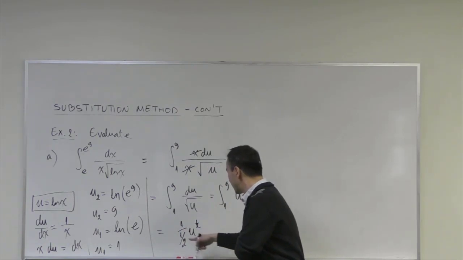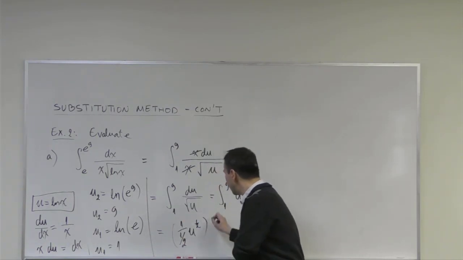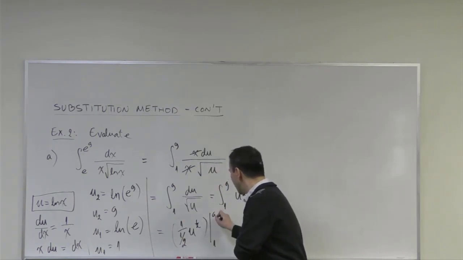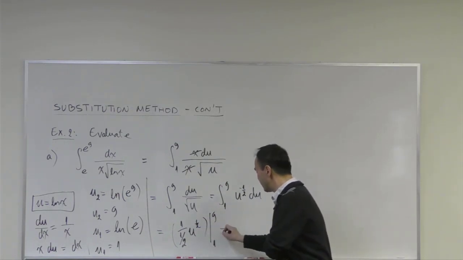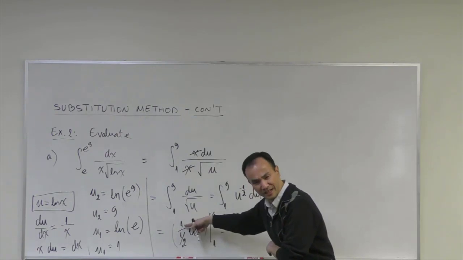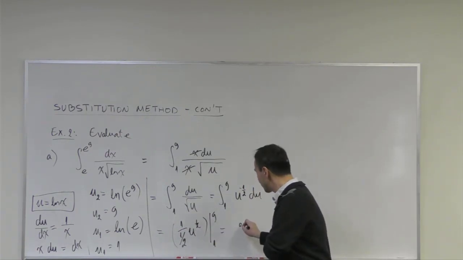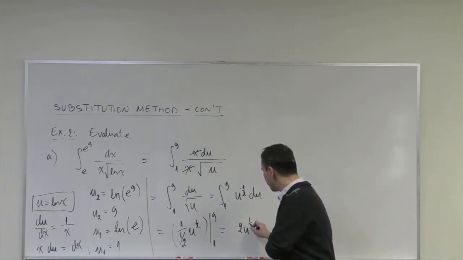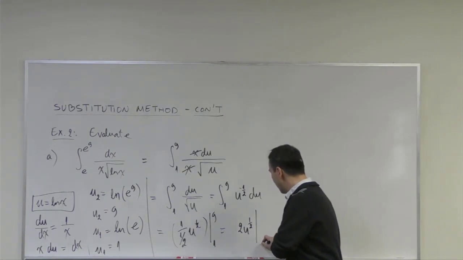And that's the antiderivative. We need to evaluate that from 1 to 9. And by the way, let me spend one more step rewriting that to clean up the antiderivative. So that's making it 2 u to the 1/2, and then we're going to evaluate the expression from 1 to 9.